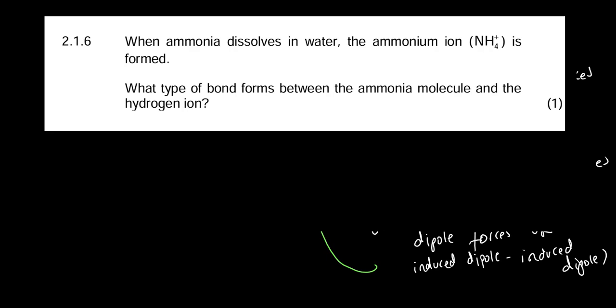So now, when ammonia dissolves in water, the ammonium ion is formed. What type of bond forms between the ammonia molecule and the hydrogen ion?